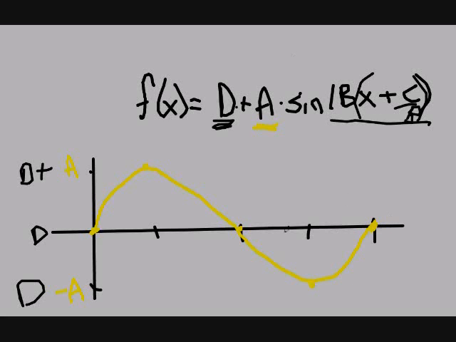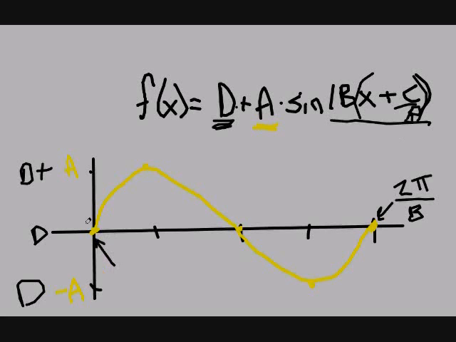So that means instead of this point out here being 2 pi, it's going to be 2 pi over b. Okay? It's going to be 2 pi over b. In the same sense, instead of this being 0, here in the x direction, it's actually going to be, what's this again?